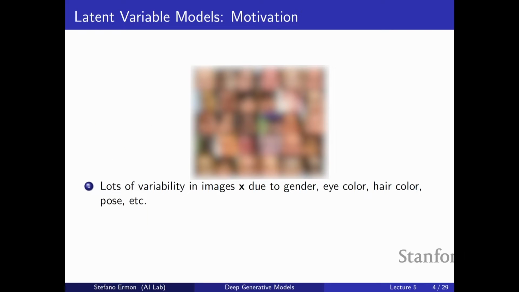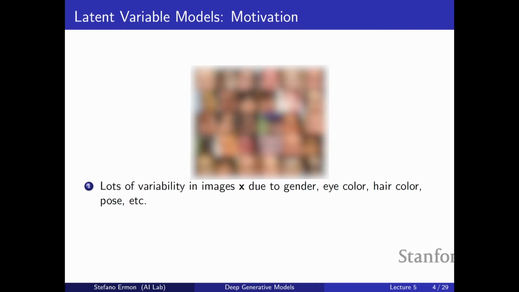The high-level motivation for using a latent variable model is that when you're trying to model a complicated data set, for example, a data set of images of people like this one, the problem is typically hard because there is a lot of variability that you have to capture. For example, people have different ages, different poses, different hair colors, eye colors.